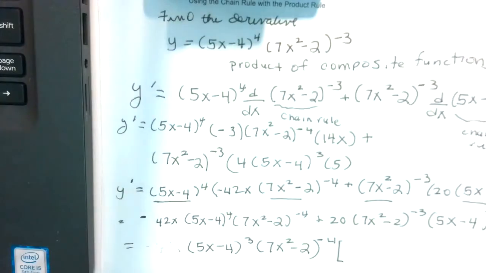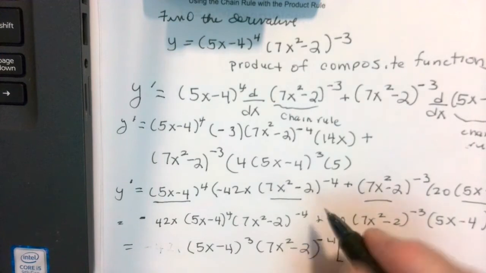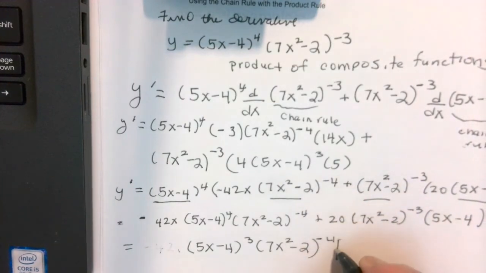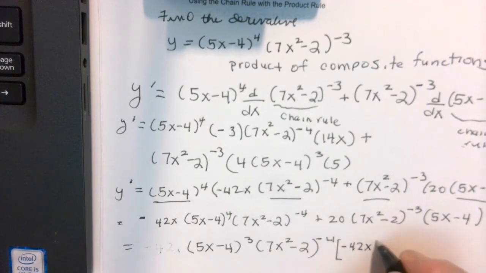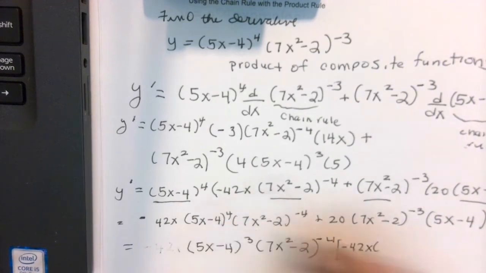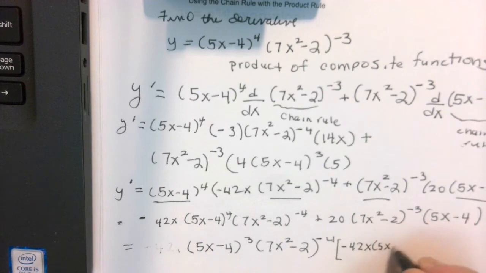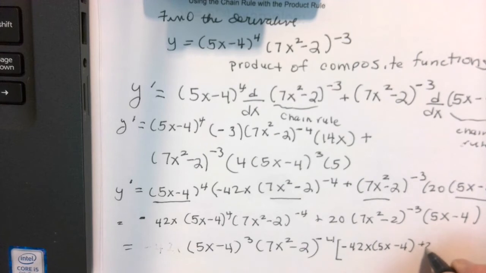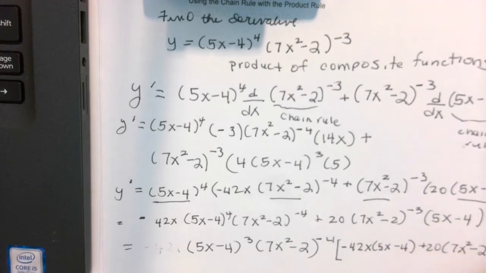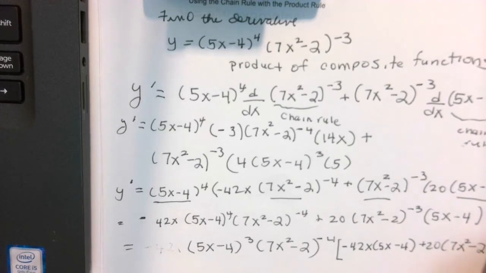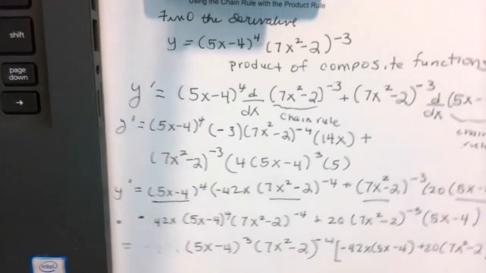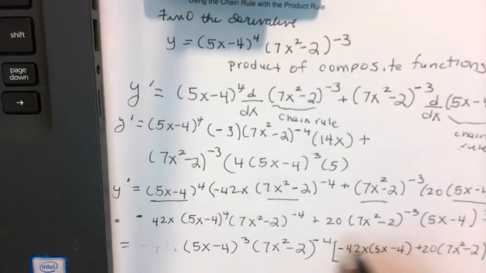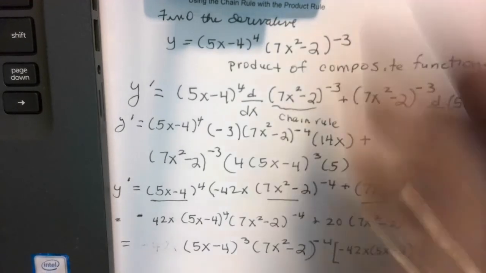So let's take that away. And then what's going to be left is the minus 42x times a 5x minus 4 left in the first term. And there's going to be the 20 and a 7x squared minus 2 left to the first power.